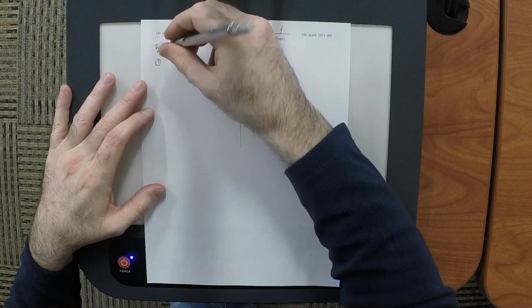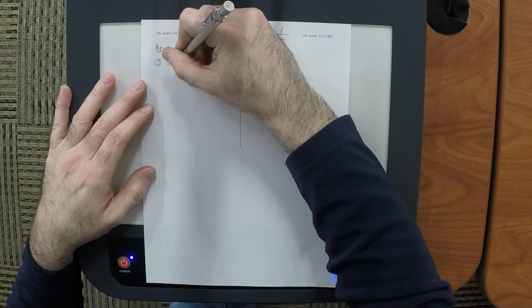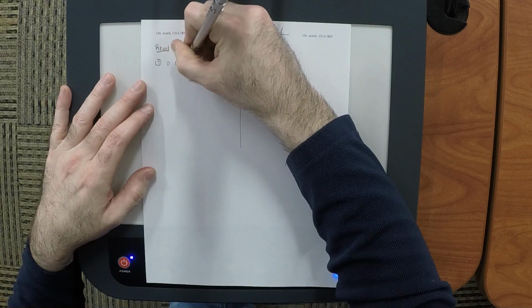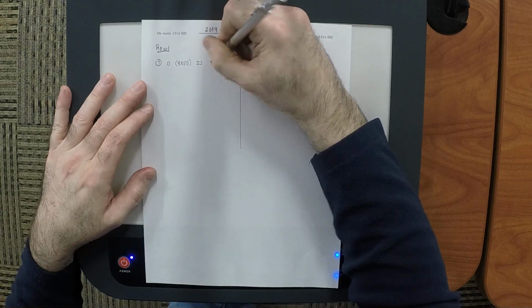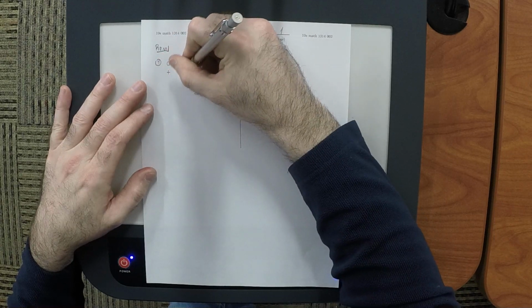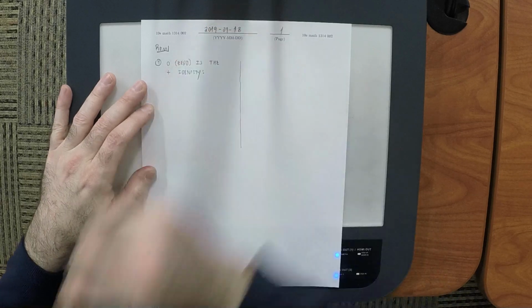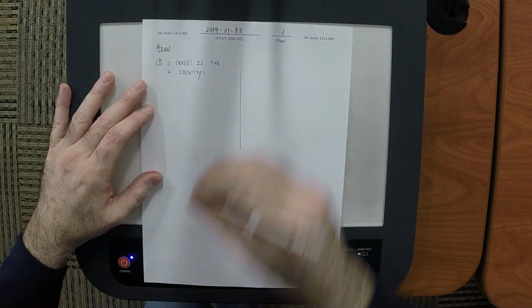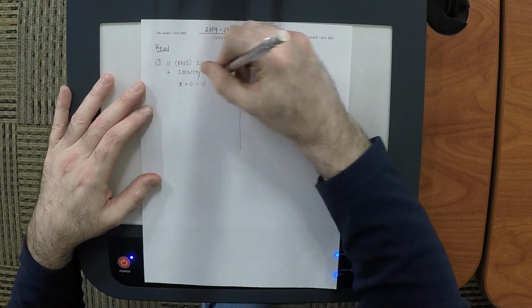So, left column is that 0 is the additive identity. It's the additive identity because x plus 0 is x for all x.